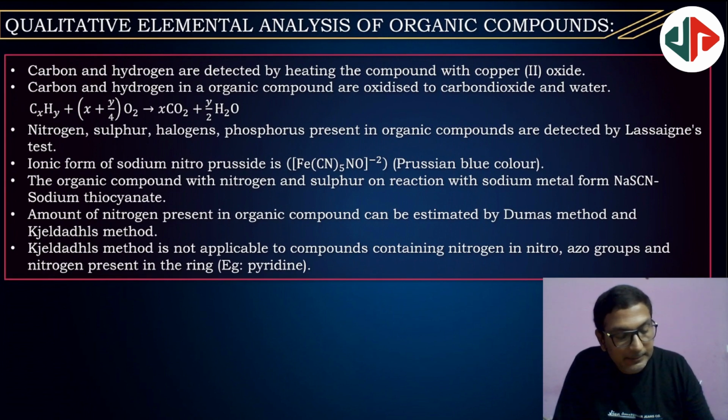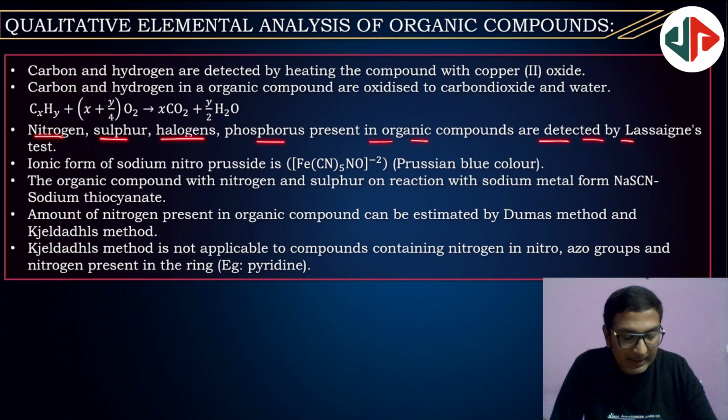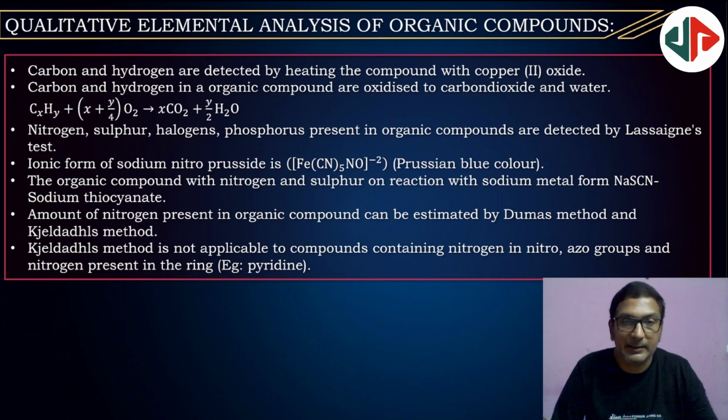Qualitative analysis means detection or identification of different elements in organic compounds. Carbon and hydrogen are detected by the copper oxide test, that means cupric oxide test. Carbon and hydrogen are oxidized to carbon dioxide and water respectively. Next, nitrogen, sulfur, halogens and phosphorus can be detected by using Lassaigne's test, or Lassaigne's extract, or sodium fusion extract.